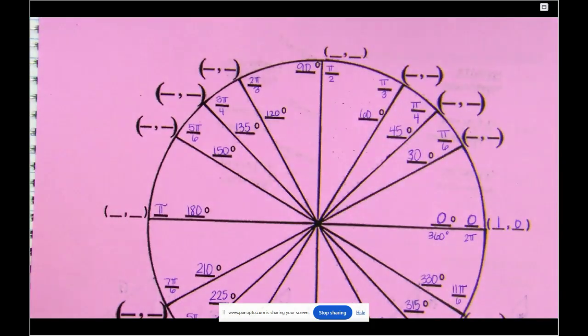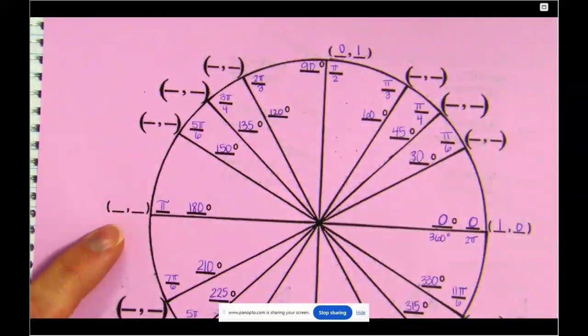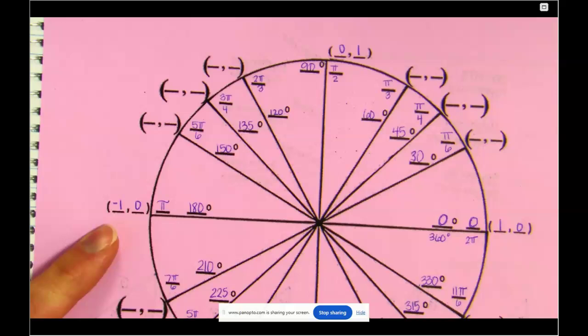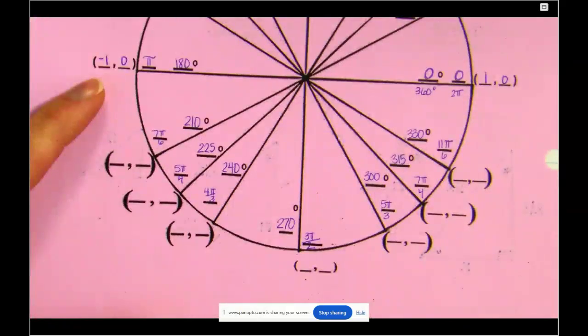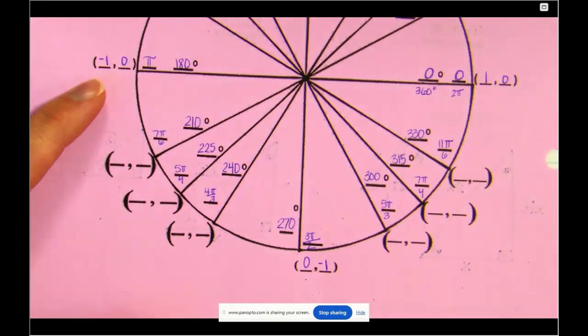What's that coordinate point? 0, 1. Okay, how about 180 degrees? -1, 0. And then 270 degrees. 0, -1.